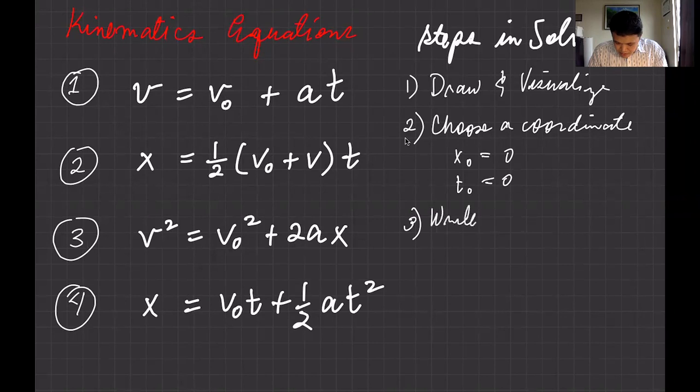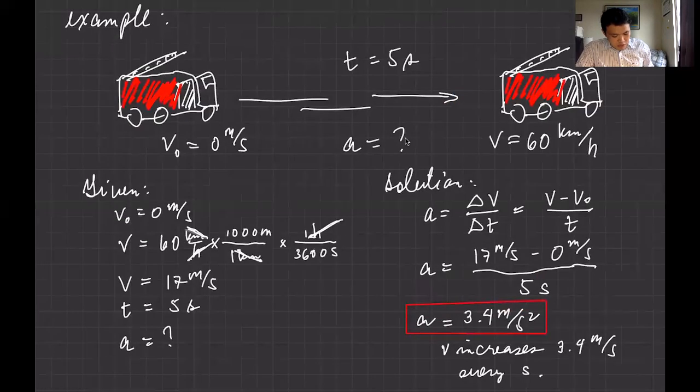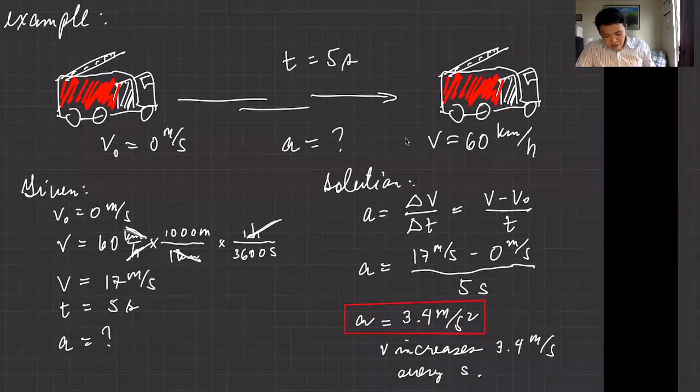Number three, write the given variables and the required variables, what is missing, what is being asked. Here, we wrote the initial velocity, the time, the displacement, and what is required, the average velocity. And here we wrote v naught, v, t, and acceleration.